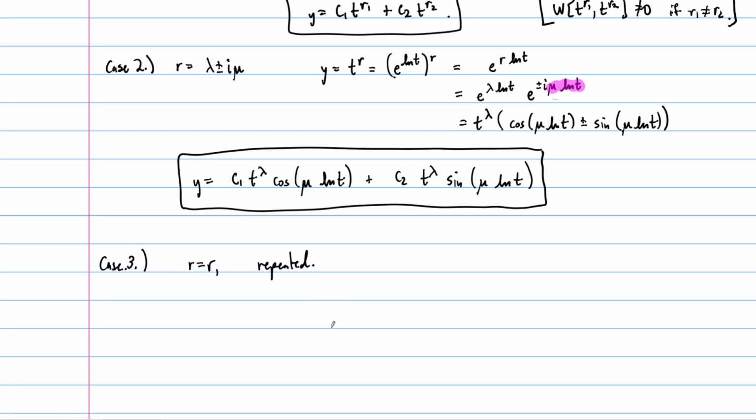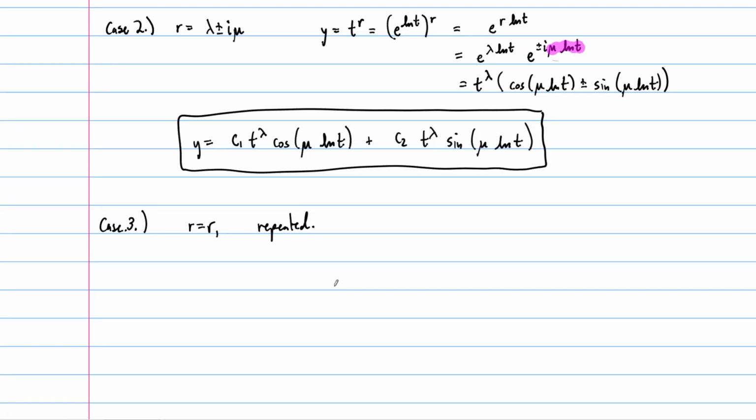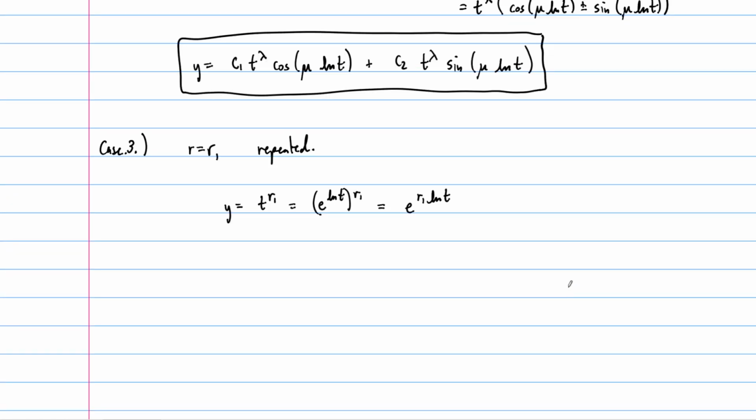Well, we can do the same thing that we did before, I mean right here, right? So again, we've got y is equal to t to the r1, which is e to the ln t to the r1, or we could say e to the r1 ln of t. All right, and if you work out the reduction of order formula, you will find that the second solution has to be this natural log of t coming down.